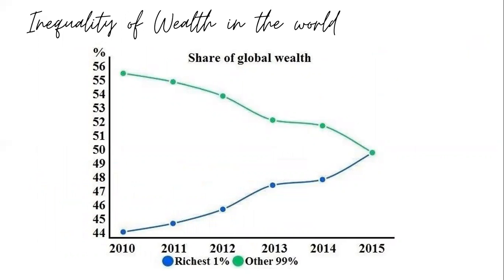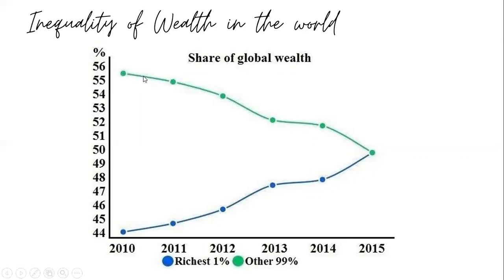Now, throughout this presentation, I've been talking about inequality of wealth, and I just wanted to share this chart with you. These blue dots are the wealth of the richest 1% of the world. And you can see that the richest 1% have been becoming richer.